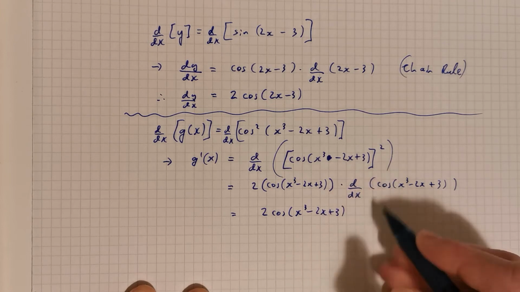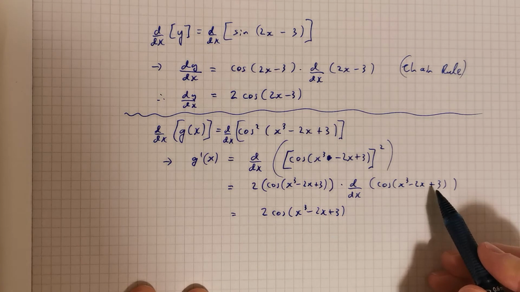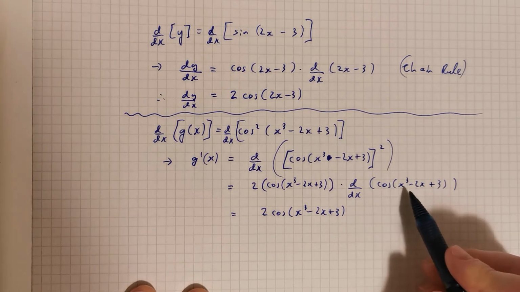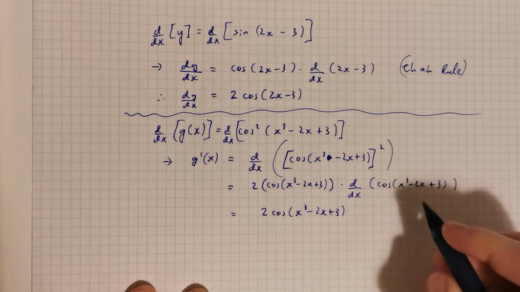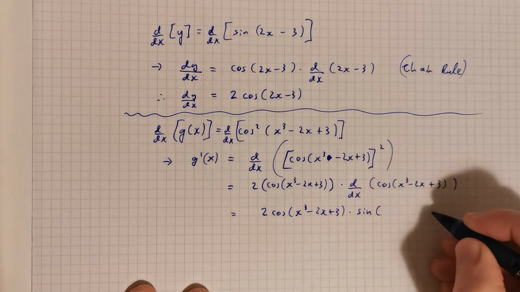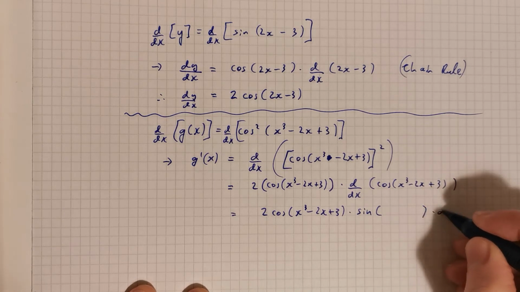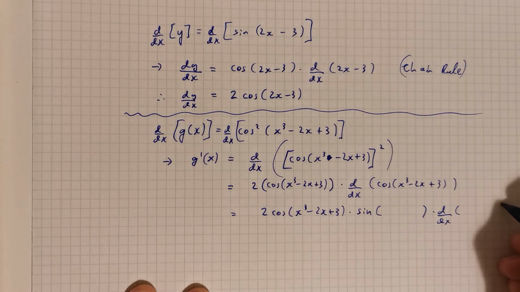But now I have to take a further derivative. And again, notice it's cosine of a big long function. This is a composite function, a function within a function. The outside function here is cosine. The derivative of cosine is sine of blob times the derivative of whatever blob is. Notice chain rule a second time.